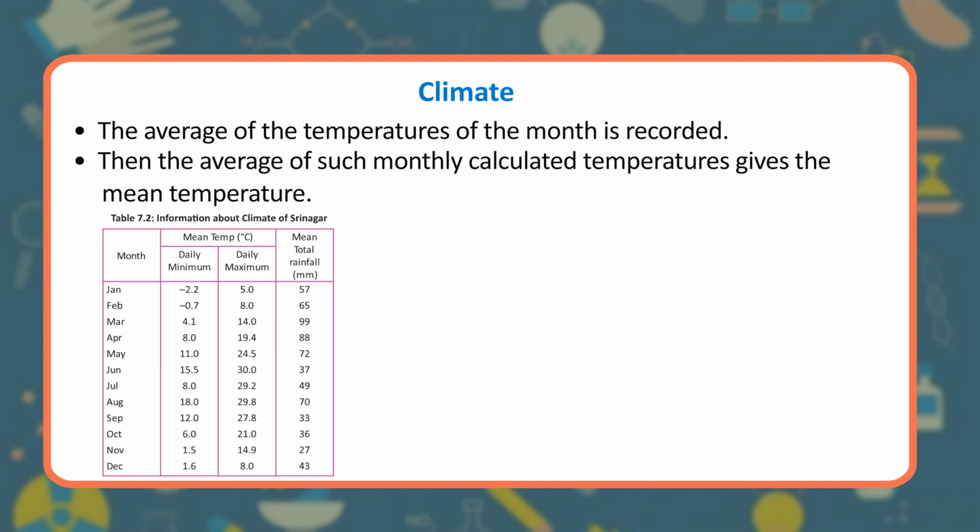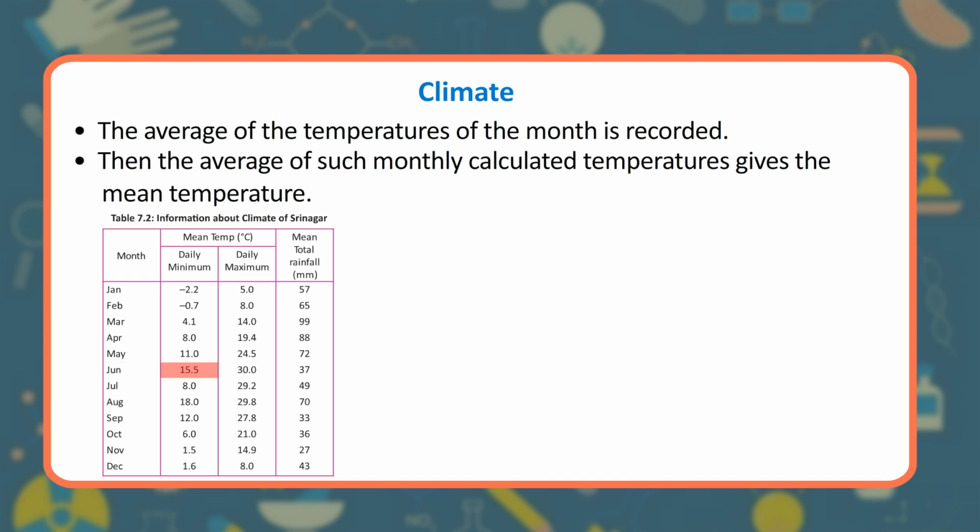Table 7.2 Information about climate of Srinagar. Month, mean temp in degrees Celsius: daily minimum, daily maximum, mean total rainfall. Jan: minus 2.2, 5.0, 57. February: minus 0.7, 8.0, 65. March: 4.1, 14.0, 99. April: 8.0, 19.4, 88. May: 11.0, 24.5, 72.